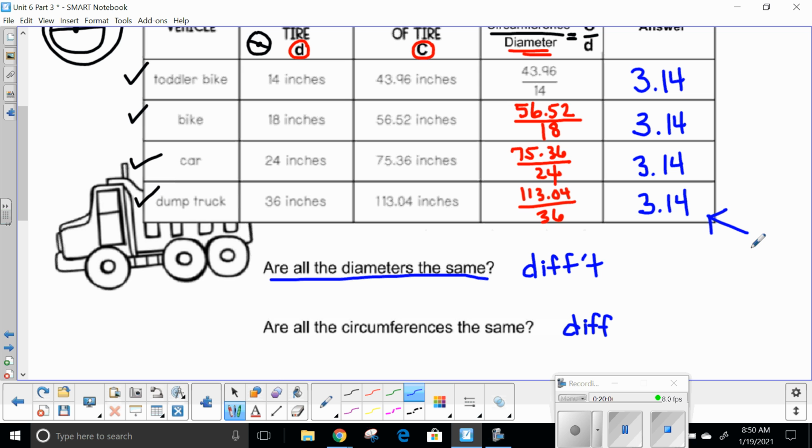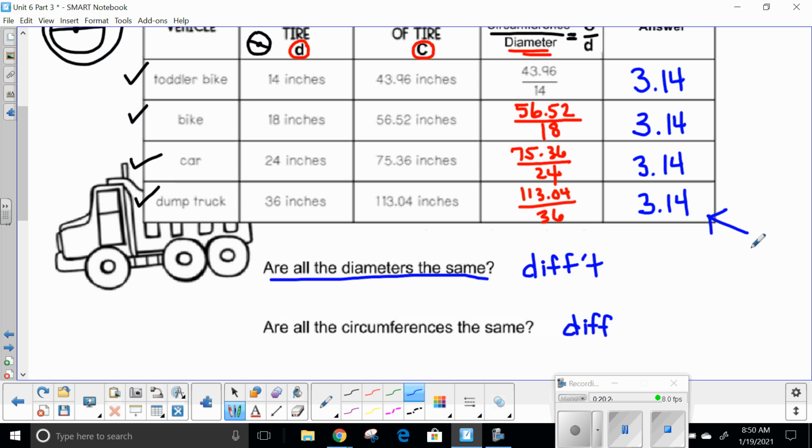Pi is the circumference divided by the diameter, and I always get what number? This is a constant number.